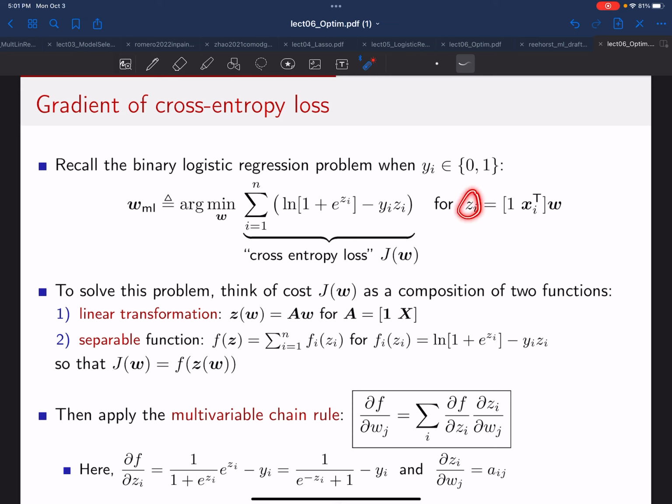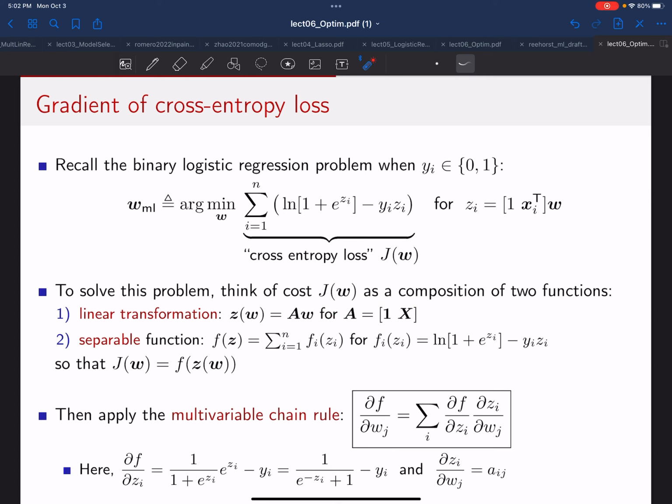And then the scores are being put into some nonlinear function to get our cost. So you can think of this as a two-step process. The first step is you take your weights, you multiply them by, these are the rows of the A matrix, to get what we'll call the Z vector.